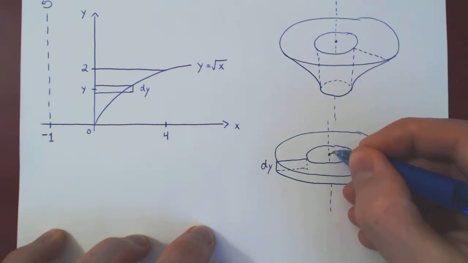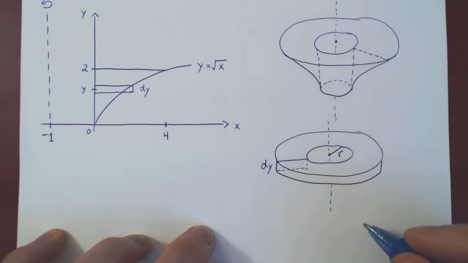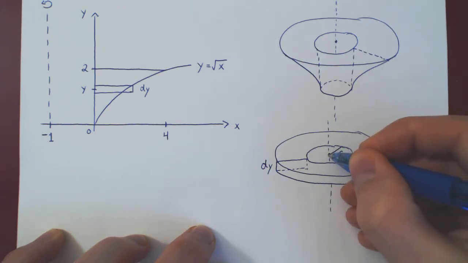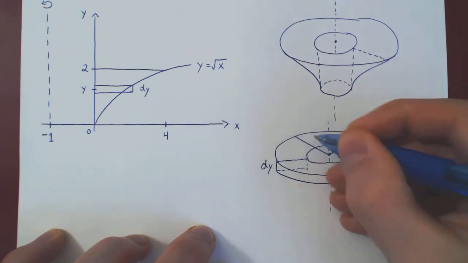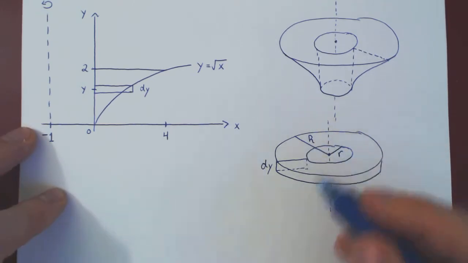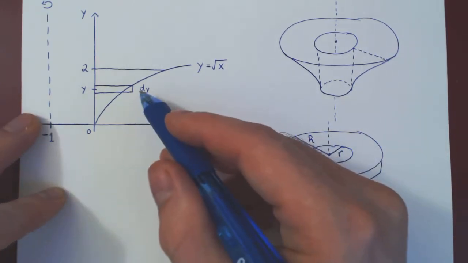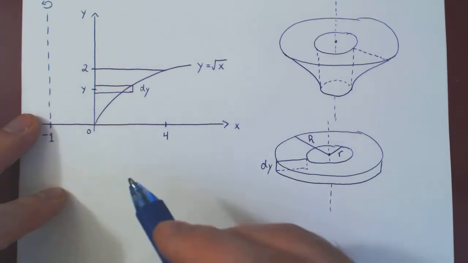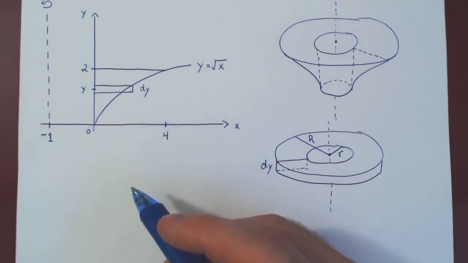So we need the small radius, lowercase r, and we need the larger radius, uppercase R. Well, let's try and measure both. And again, because we have a dy, everything we measure must be a function of y.